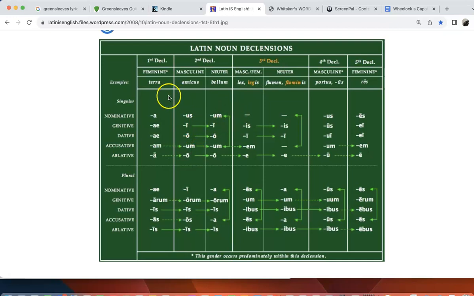There's always exceptions, but generally these are the patterns or endings of nouns as well as adjectives. So we need to learn that certain nouns of this class will take a third declension ending. So this will be a good opportunity to review the basic idea of a declension.